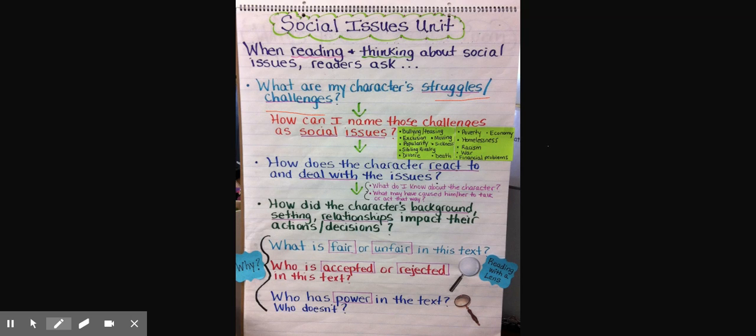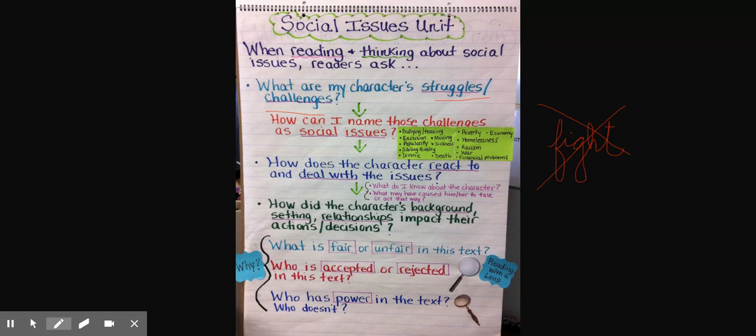If you go to school and you have a fight with your friend and you aren't talking for a day, that is not considered a social justice issue. If you were to get stuck in the rain without an umbrella, that's a problem, but it is not a social justice issue.